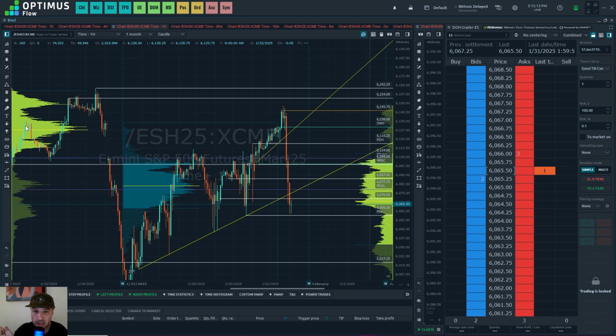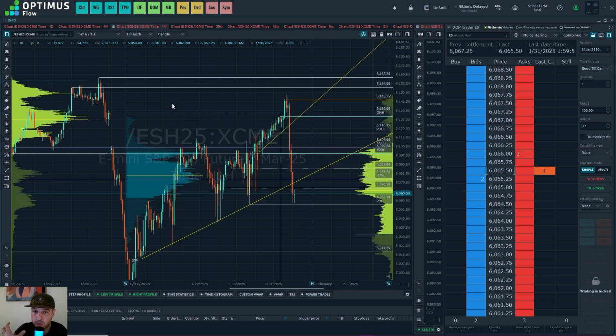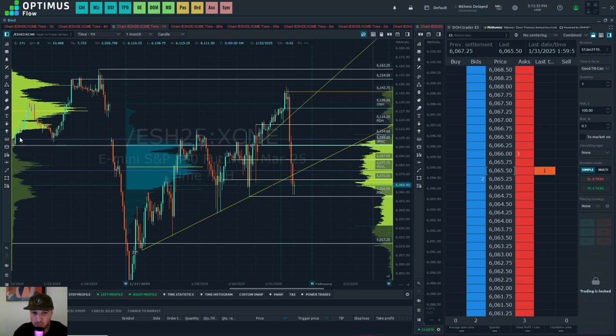That means that there's a lot of volume in this area, a lot of traders being involved, and a lot of transactions. When the market moves to another value area, typically it will move quickly to establish a new value, and it will move quickly to the next area.